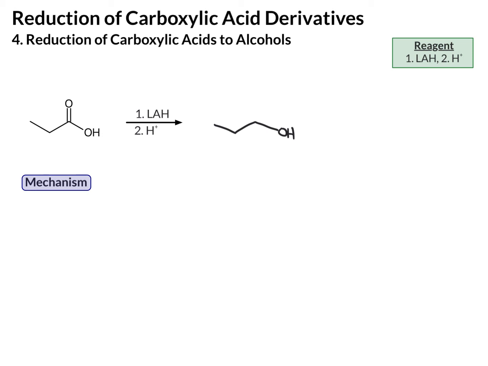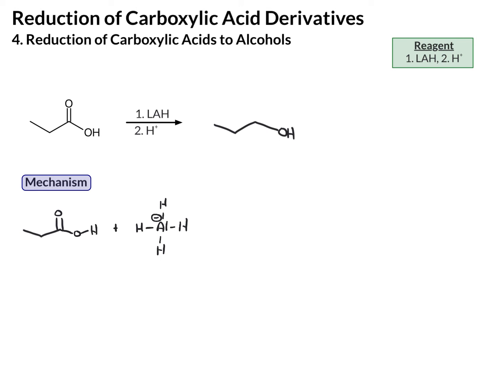So let's look at what's happening here. I'll fully draw out the OH bond, and here's the lithium aluminum hydride, and in this case I'm even going to draw out the full reagent and not just simplify it as H-.